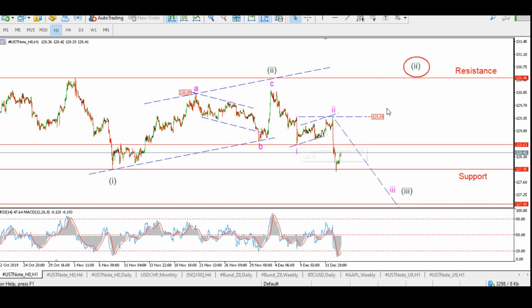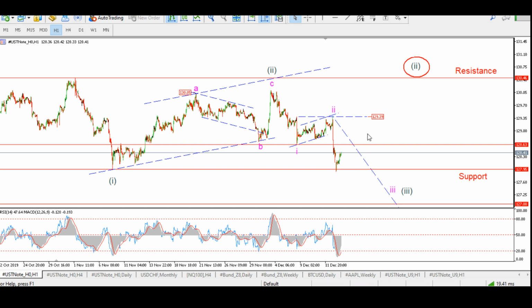That'd be an alternate count for wave 2. So that'd be 3 waves up in A, 3 waves down in B, and then 5 waves up in C. But for the moment, I'll work on the assumption that we're moving lower in a 5-wave pattern within wave 3. This should continue lower quite quickly.